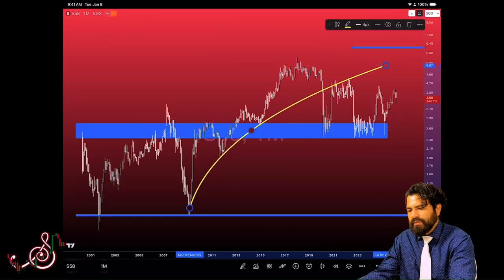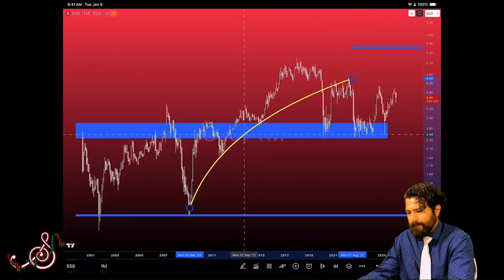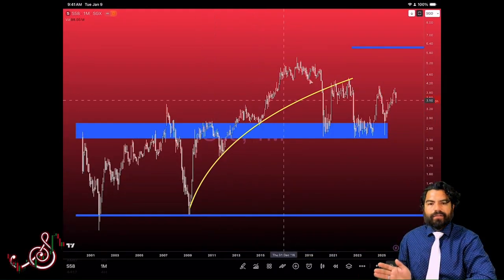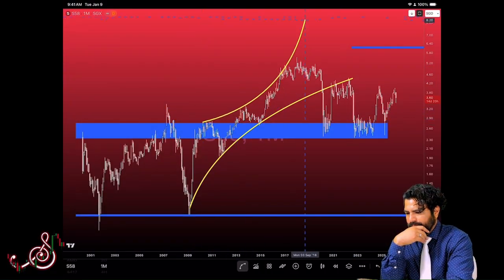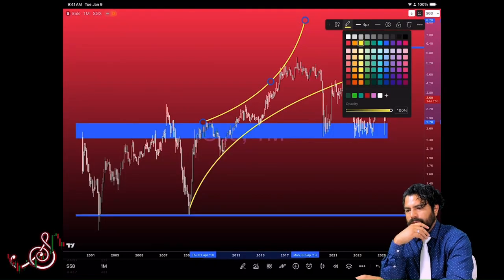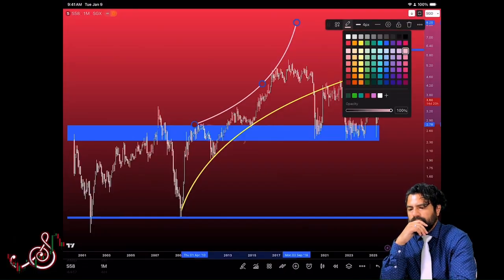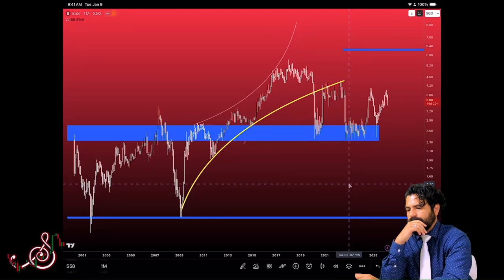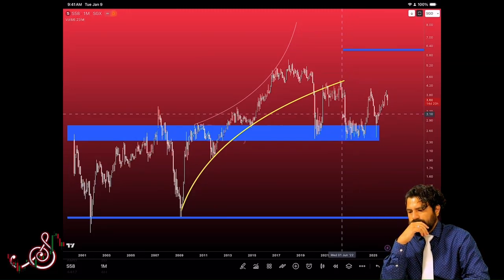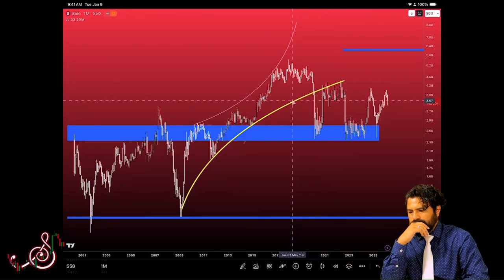Okay, so that's approximately where it should be. That's about the curvature of these 3 lines right here. I'm going to draw the under curvature. 1, 2, 3. Okay, this is about correct.